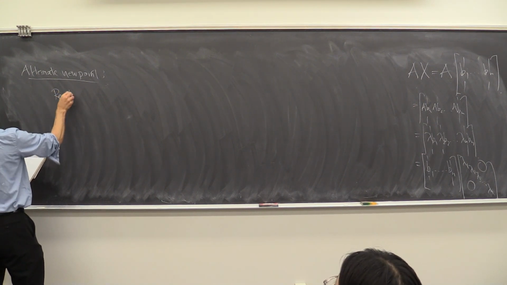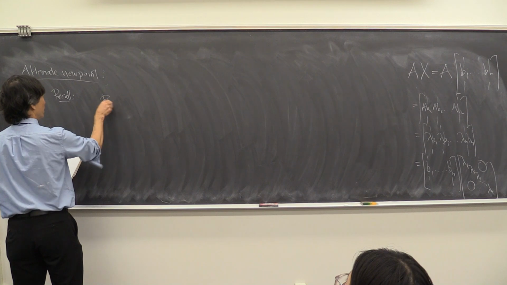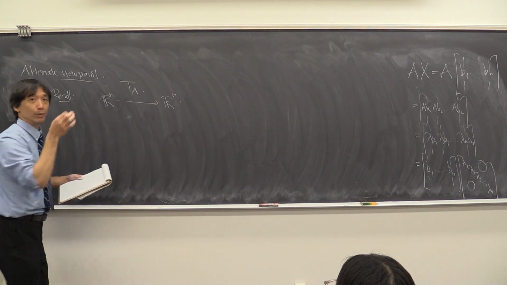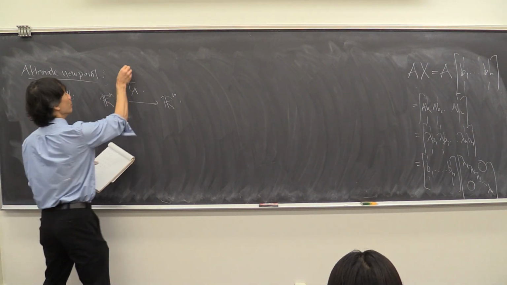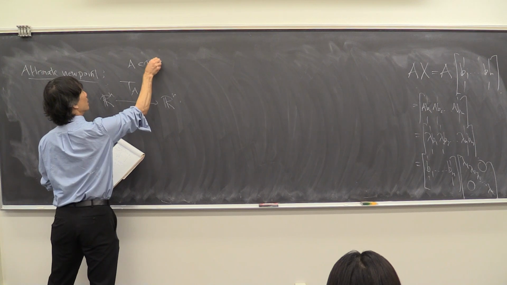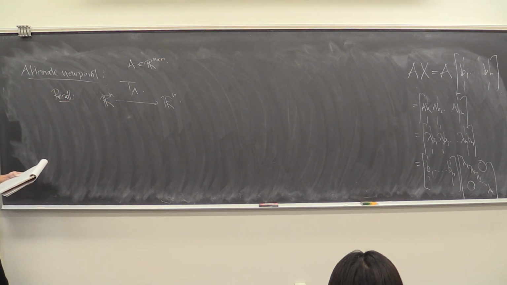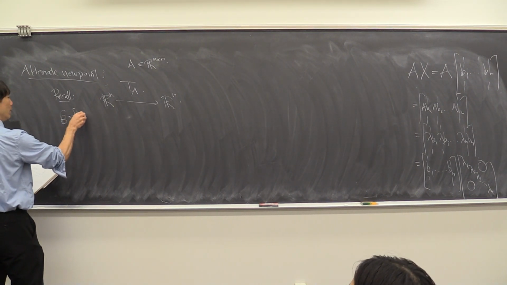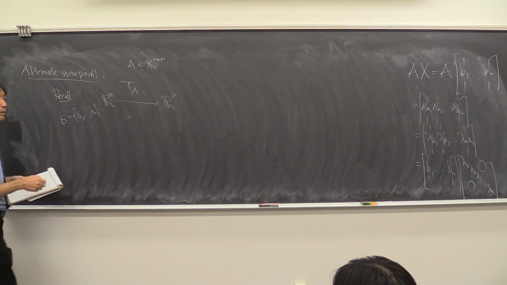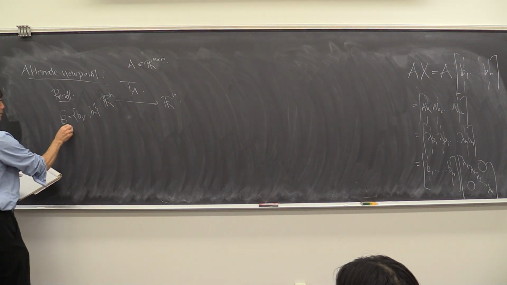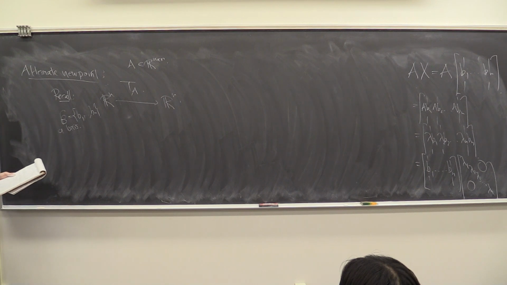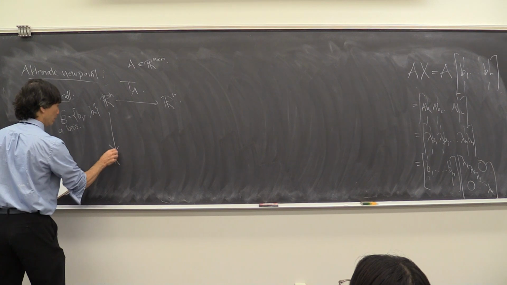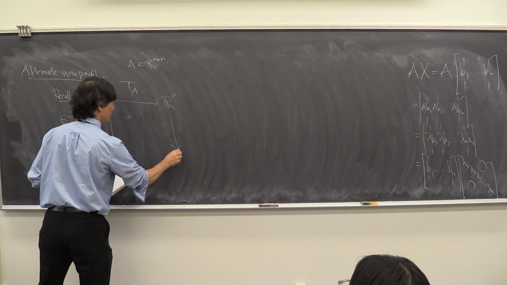Let's recall what we were doing before, right? Going from Rn to Rn, you have left multiplication by some matrix. So A is an n by n matrix, right? And suppose, as usual, we have a basis B. And you remember what we used to do a lot was this sort of thing.